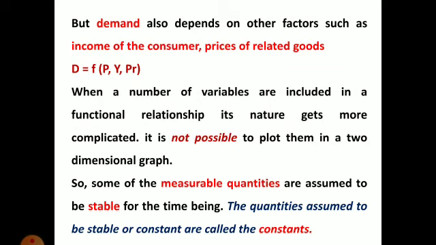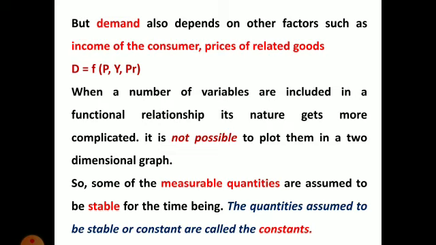We can analyze these two variables: when price changes, how much the demand changes. But when we have all these factors together, namely the price, income, and the prices of related goods, it is very difficult to analyze them. It is not possible to plot them in a graph because we have this two-dimensional graph, x-axis and y-axis, where we can show only two variables.